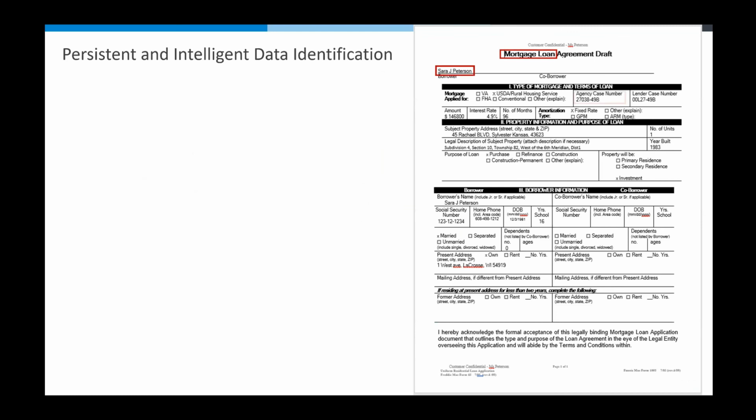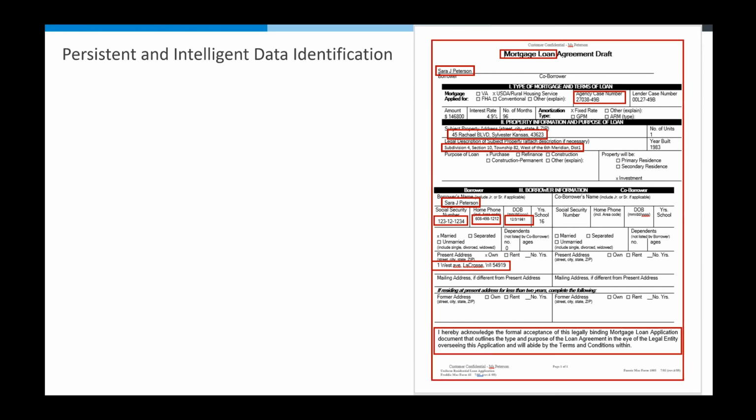You can see various sections within this document getting highlighted. Mortgage loan is a keyword that we are looking for. Then there are a lot of PI attributes like name, address, social security number, phone number, etc. We are analyzing all this information because classification technologies have evolved and support machine learning, natural language processing, and some complex regular expressions to determine data like name, for instance.